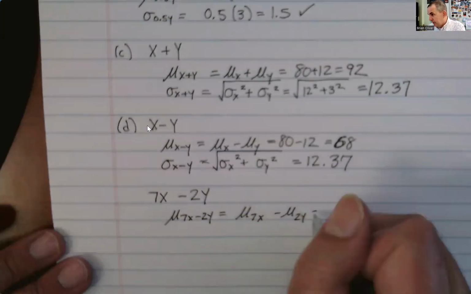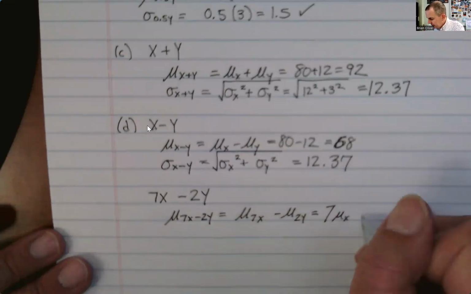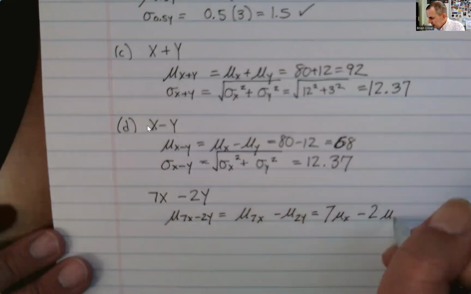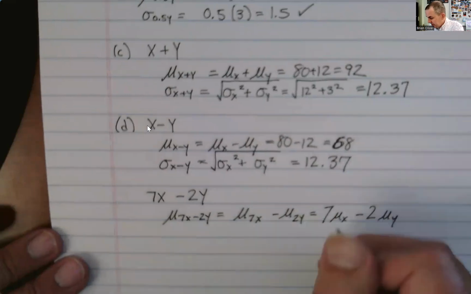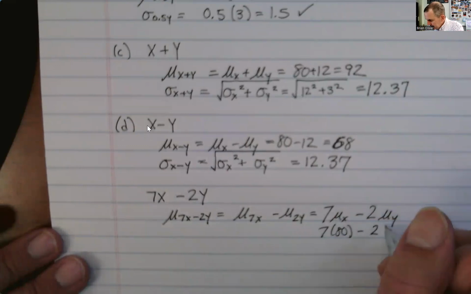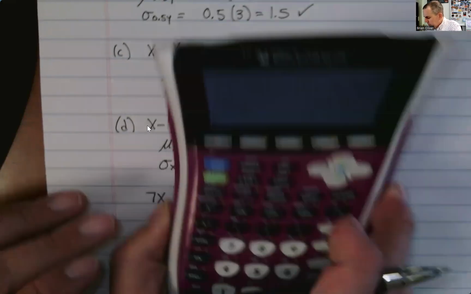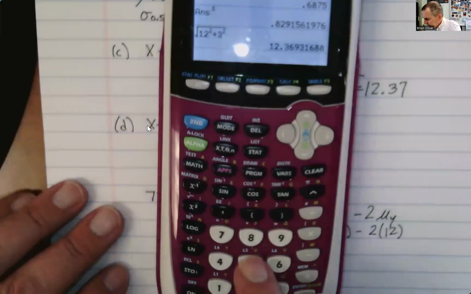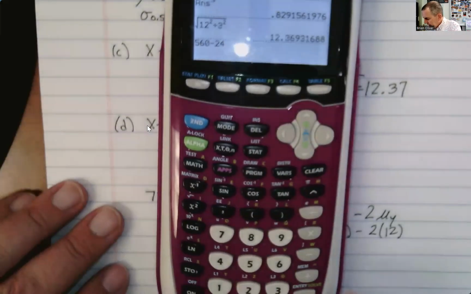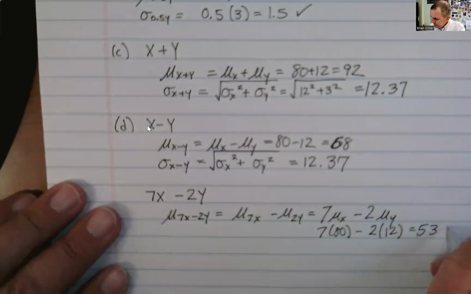And again, we do whatever it tells us in the mean. So it's going to be 7 times the original mean minus 2 times the original mean. So 7 times 80 minus 2 times 12. So 560 minus 24 is going to give me 536. So my new mean is 536.